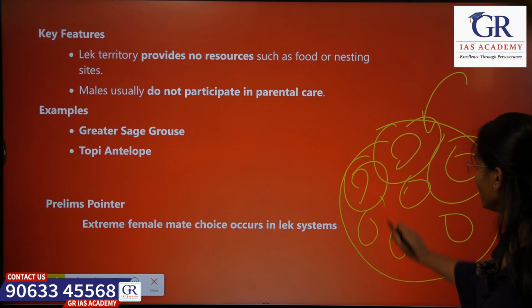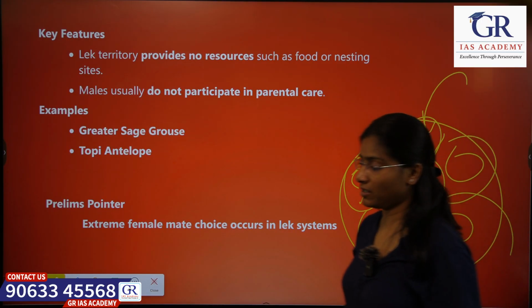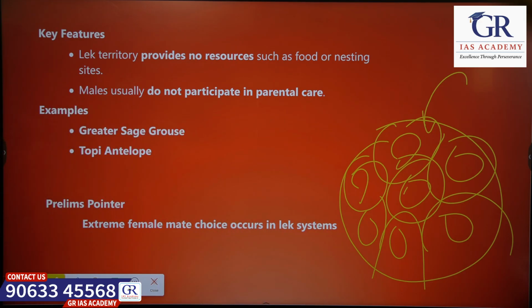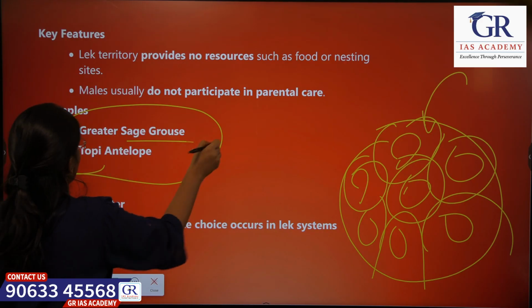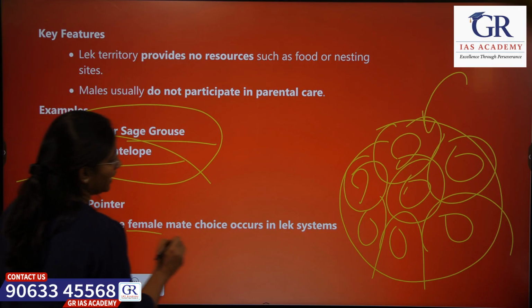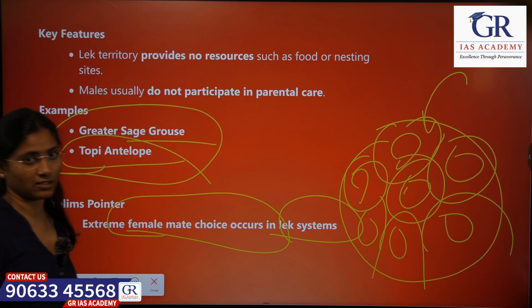They only choose for mating purposes and do not participate in the further reproduction processes. Examples for this topic are the greater sage grouse and topi antelope. So what do we have to remember in this for the exam? Female mate choice occurs in the lek system, okay?